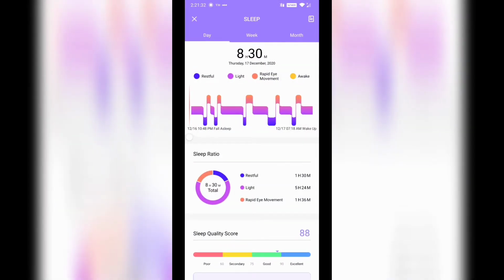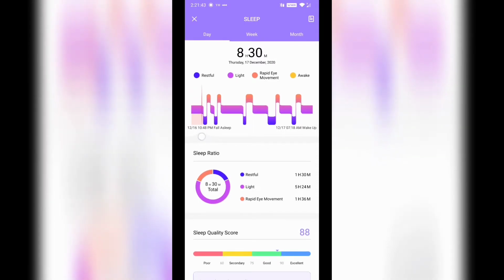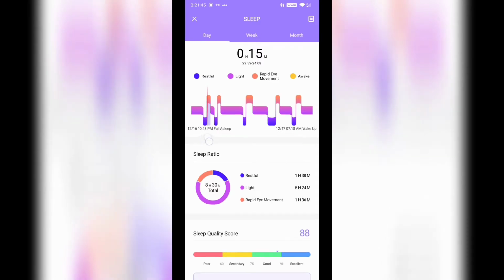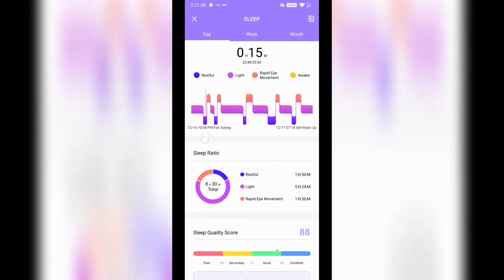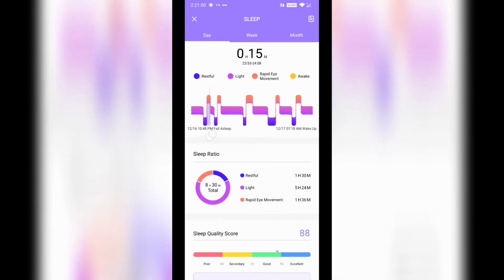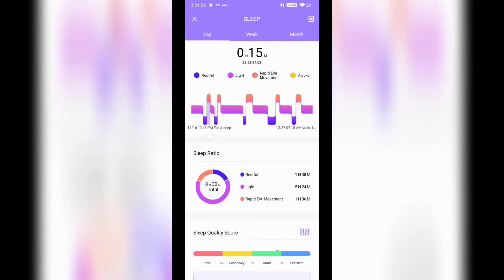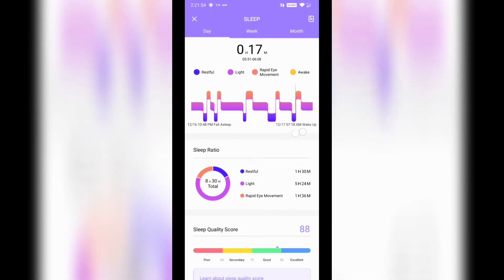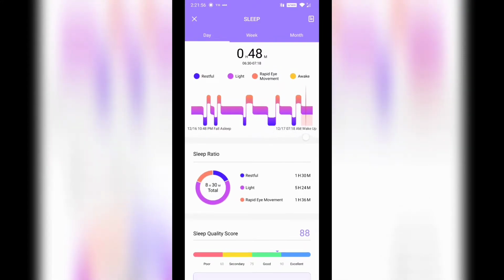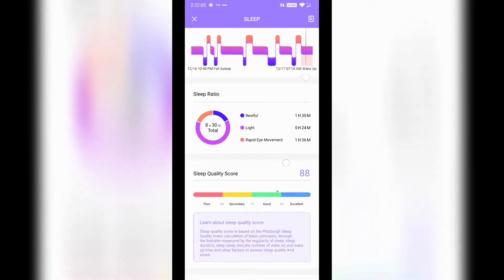After selecting it, you see restful is deep sleep, then light, rapid eye movement, and awake. If you wake up in between, it will also be calculated: how many hours you were awake, how many hours in light sleep, how many hours in deep sleep, and rapid eye movement. Everything will be shown here.